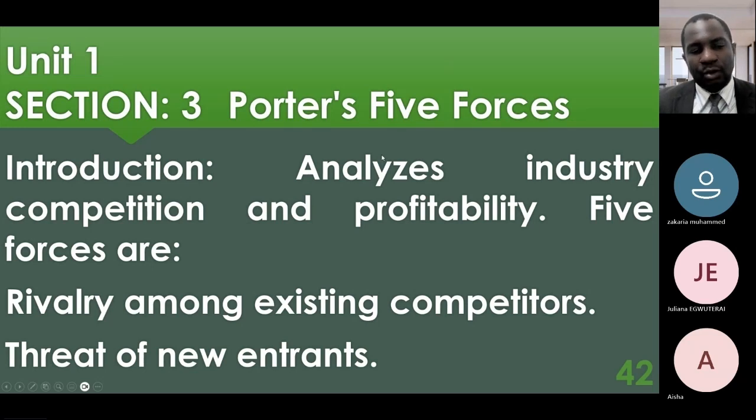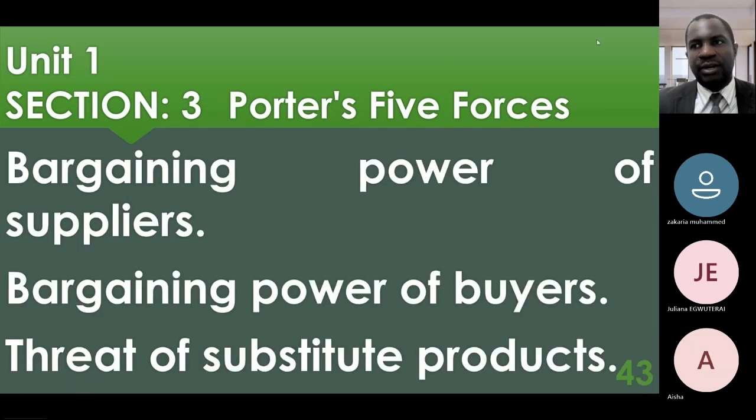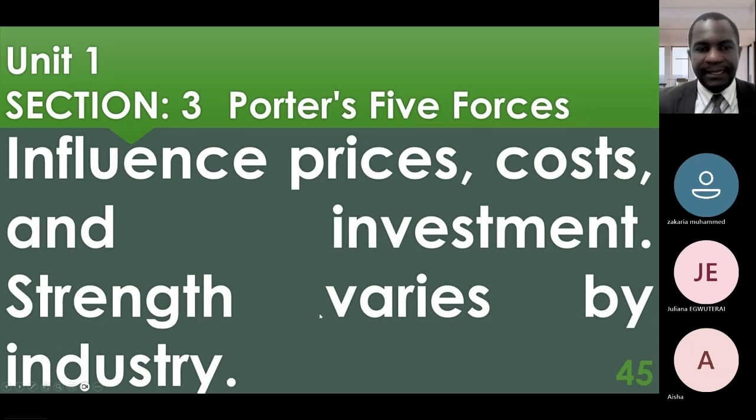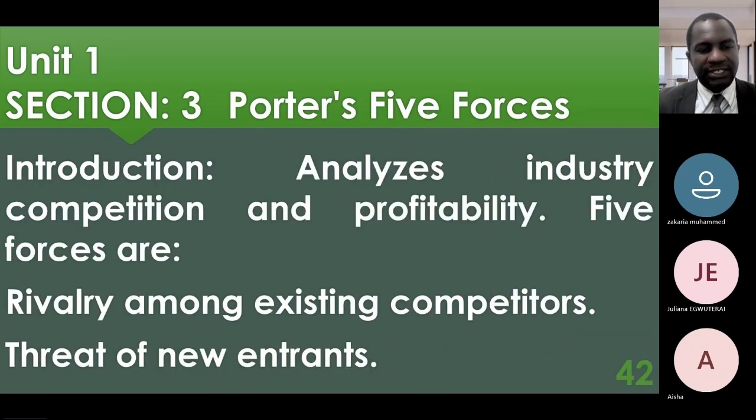So we're looking at the threat of new entrants first as one of the components. Number 2, the bargaining power of suppliers. Then the bargaining power of buyers, and the threat of substitute products, and these are the 4. Let me go back to it again. Number 1, the threat of new entrants.